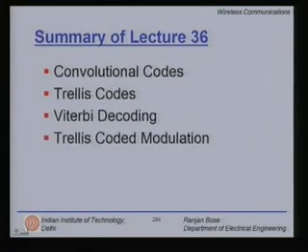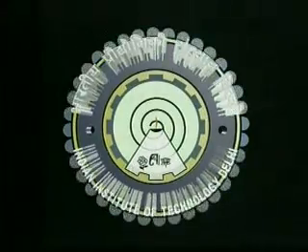Then we moved over to trellis coded modulation, which promises to combine channel coding with modulation to give enhanced performance without asking for additional bandwidth, right. So, we will try to conclude our lecture here and look at certain other aspects of mobile communication in the subsequent lectures.